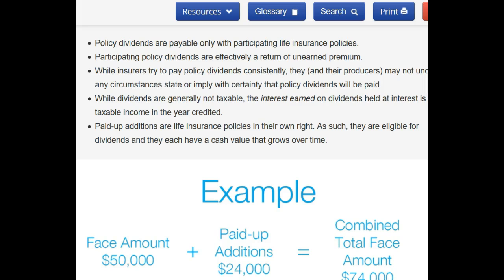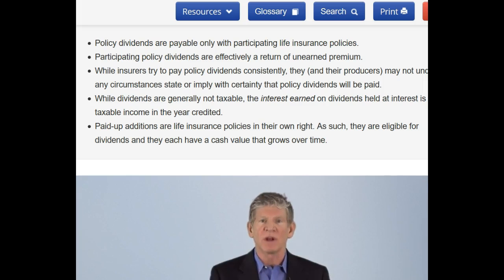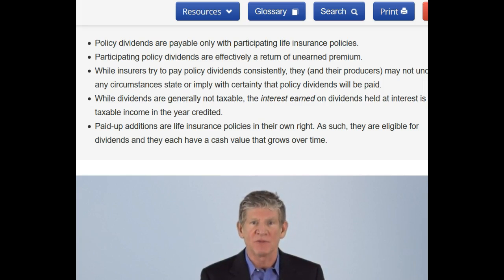Better yet, the cash value, which is $15,000 for the base policy, also has almost $10,000 of cash value for the paid up additions. So tying it all together, for that $62 monthly premium, this policy now has a $75,000 total death benefit and almost $25,000 in cash value.